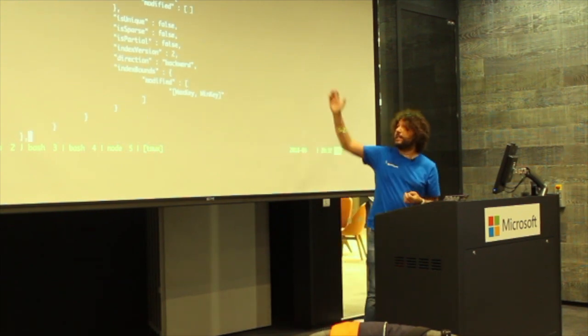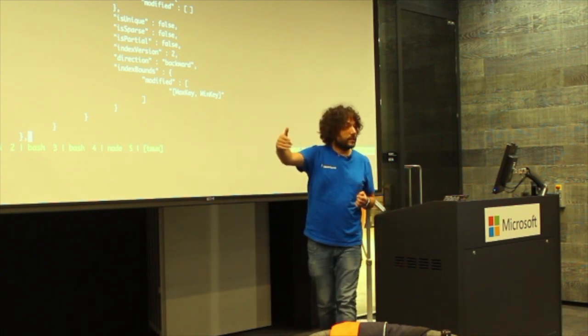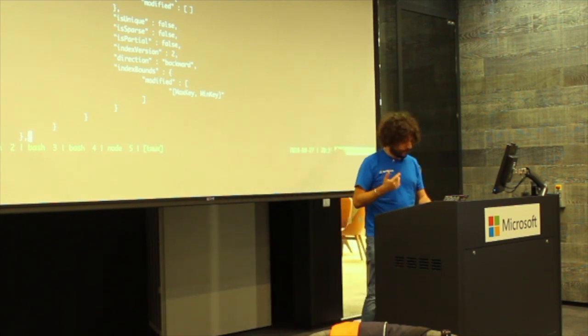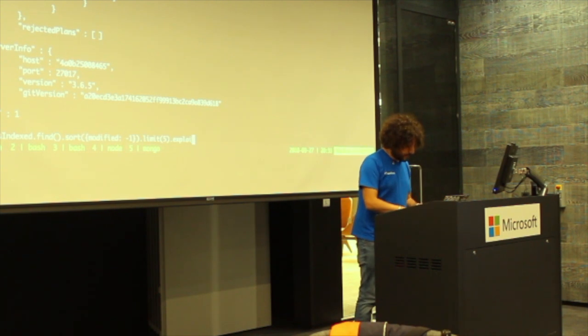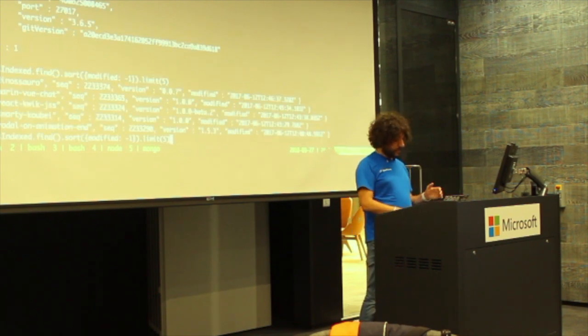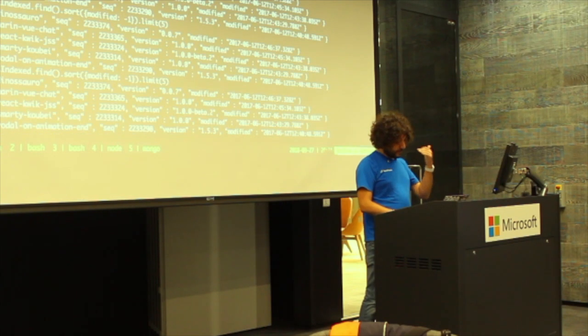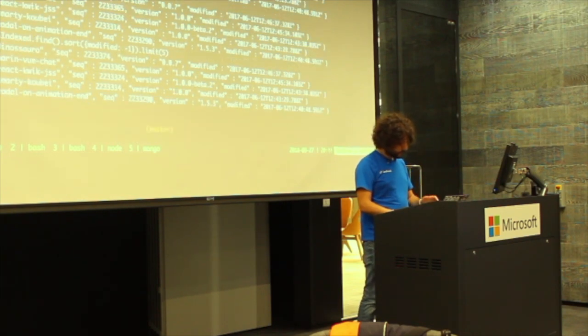We can use the same thing and check, and it's actually using that index to execute the query. So we expect this to be faster than before. And you can perceive that this is extremely fast.